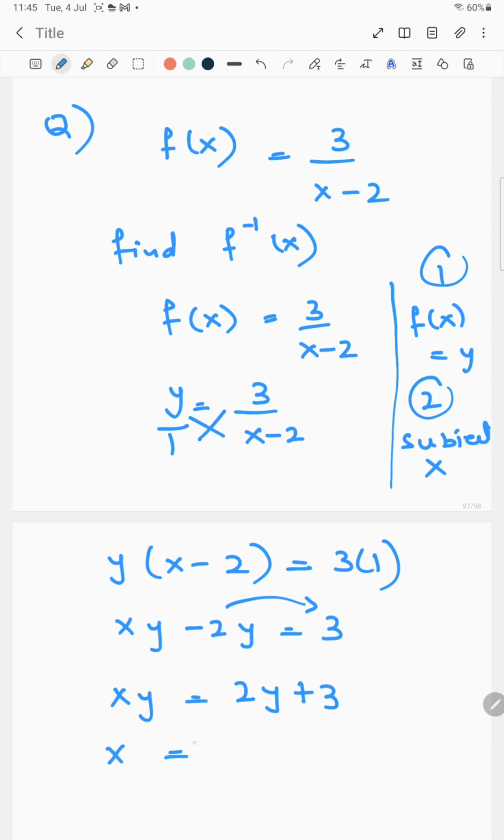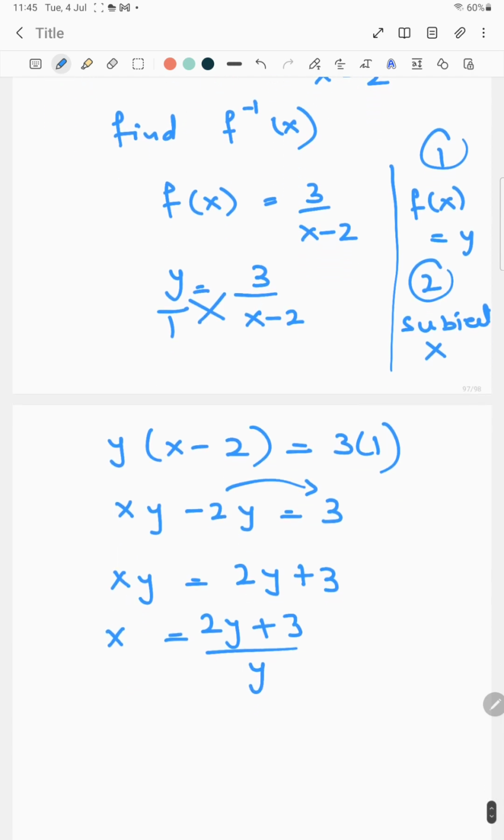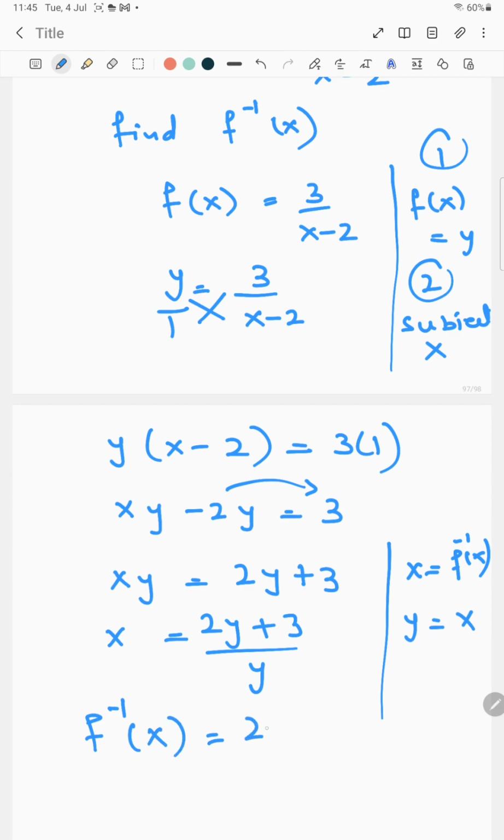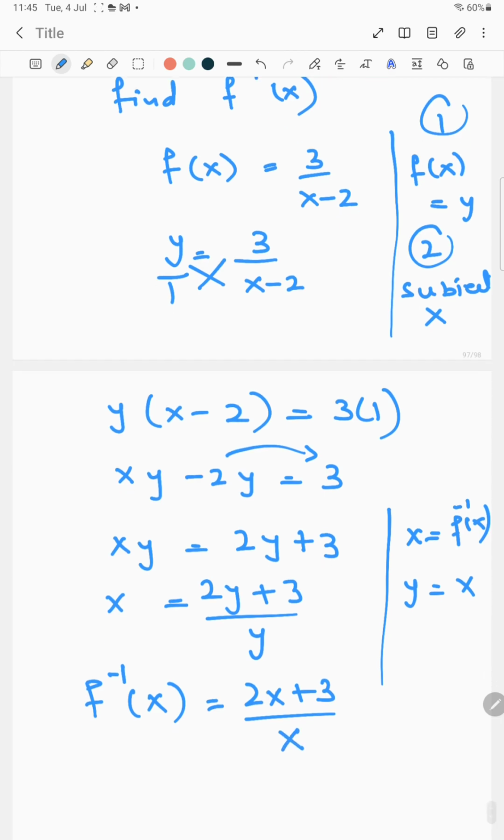And then I'm making x as a subject, so I will divide by y on the other side. So see, in the last step, as you are just following the steps, instead of x you have to put f inverse x, and instead of y you have to put x. So see, f inverse x is equal to 2x plus 3 divided by x.